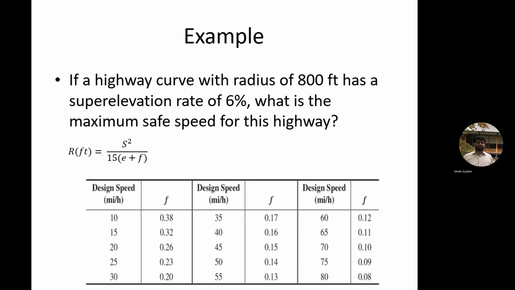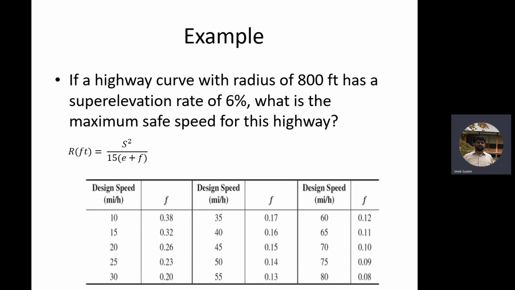You can interpolate a value for 49 and try again, but that interpolation will not achieve anything, because the difference of f values between 45 and 50 is 0.01. So how much will be the difference between 49 and 50? 0.00 something. So there is no point of doing interpolation here.